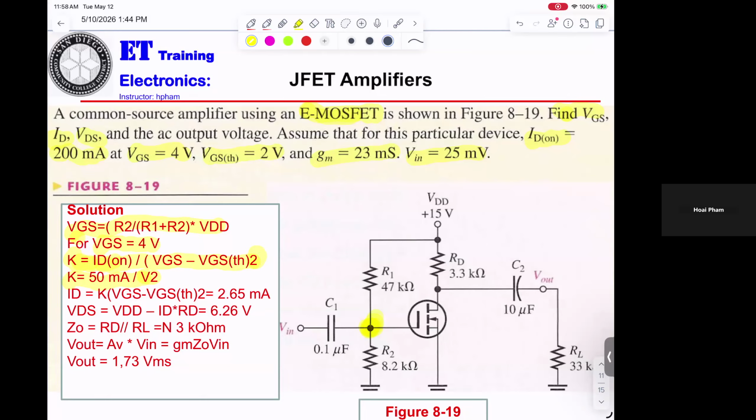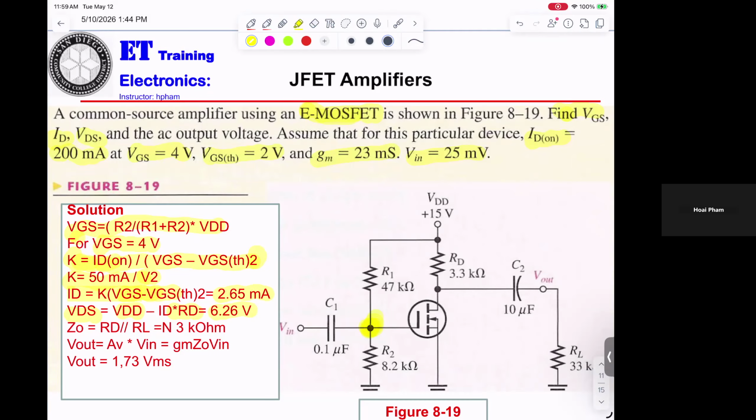ID is calculated as K times VGS minus VGS threshold squared. That gives you 2.65 milliamp. And VDS equals VDD minus the voltage drop across RD. You get 6.26 volts.